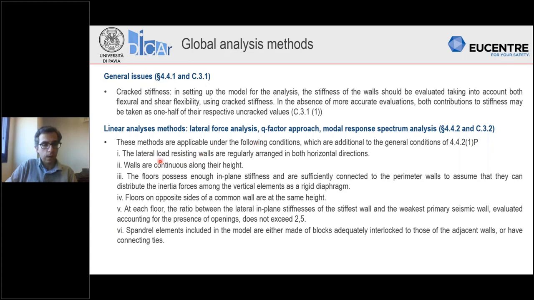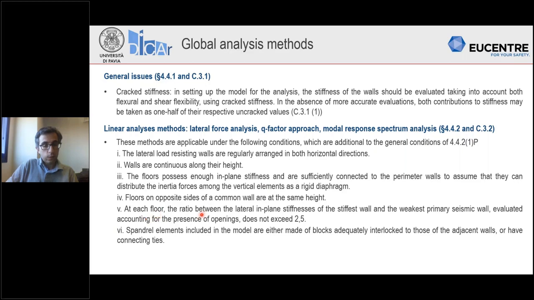Now, these methods can be applied under various conditions. The most important are the fact that the lateral load resisting walls are present in both the horizontal directions of the building. The walls have to be continuous along the height. The floors have good connection, at least a significant in-plane stiffness, and good connection among the walls and between the walls and the diaphragms.